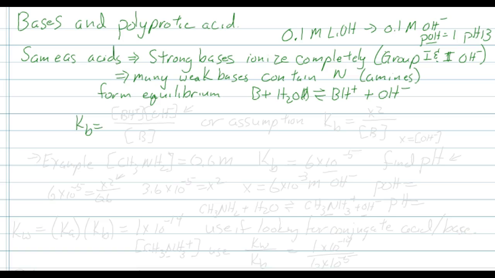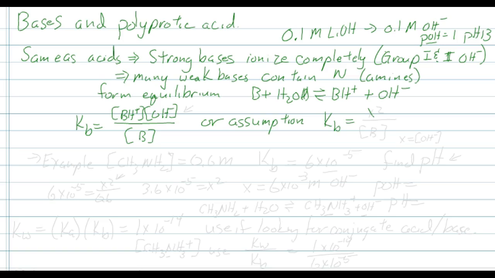Kb equals BH plus, right over left, times hydroxide over the base, or using the assumption, and this is going to be more tricky than the acids. There are more borderline bases than acids, so be very careful on this.